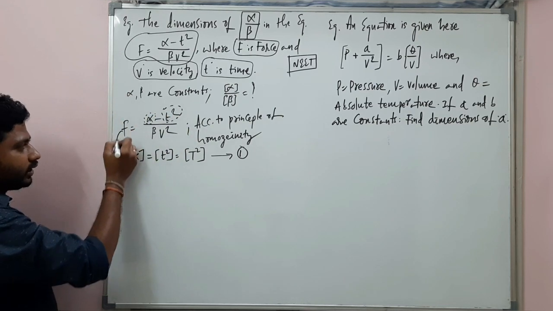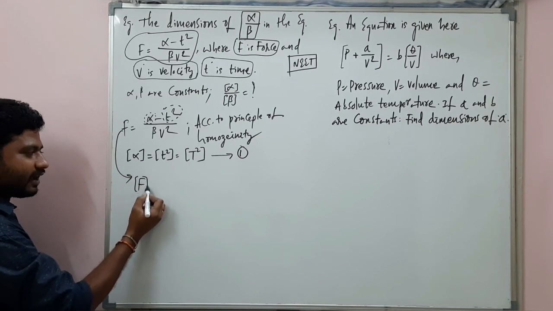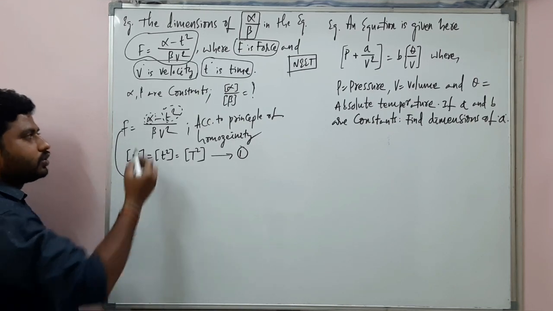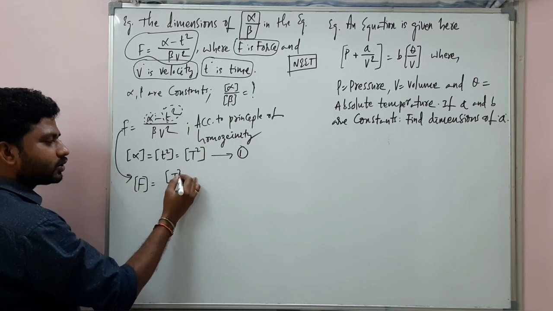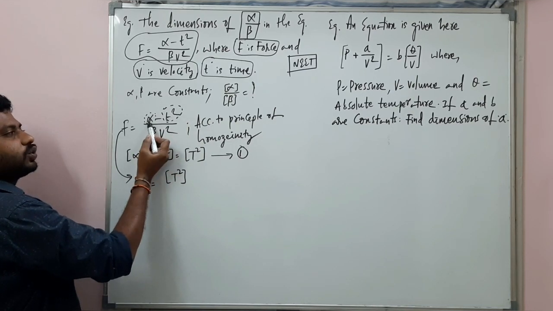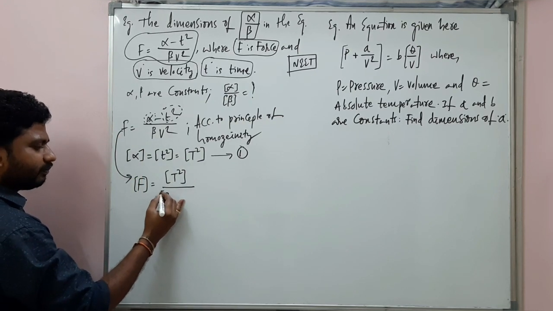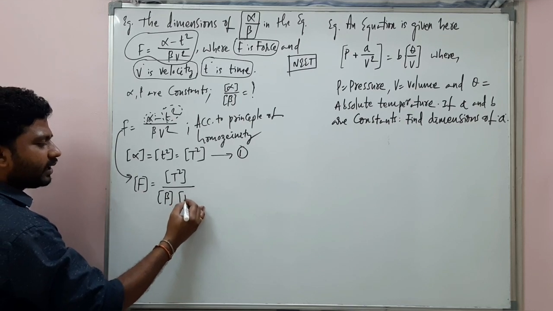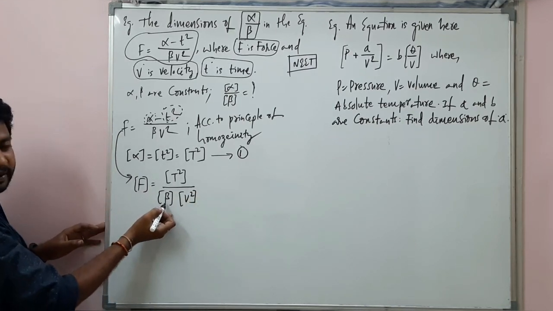So according to the principle of homogeneity, dimensions of this F is equal to, in the numerator, dimensions of t square, because this dimension is t square and this dimension is also t square, divided by dimensions of beta into dimensions of v square. What we need is the dimensions of beta.